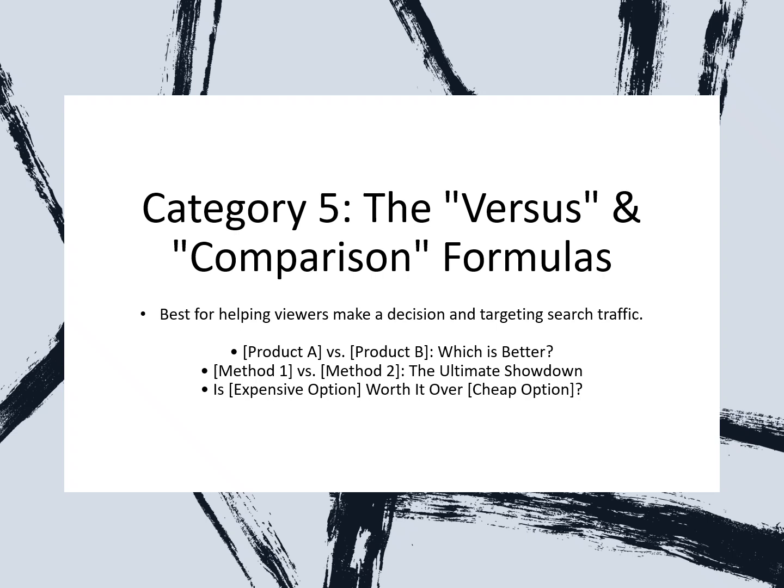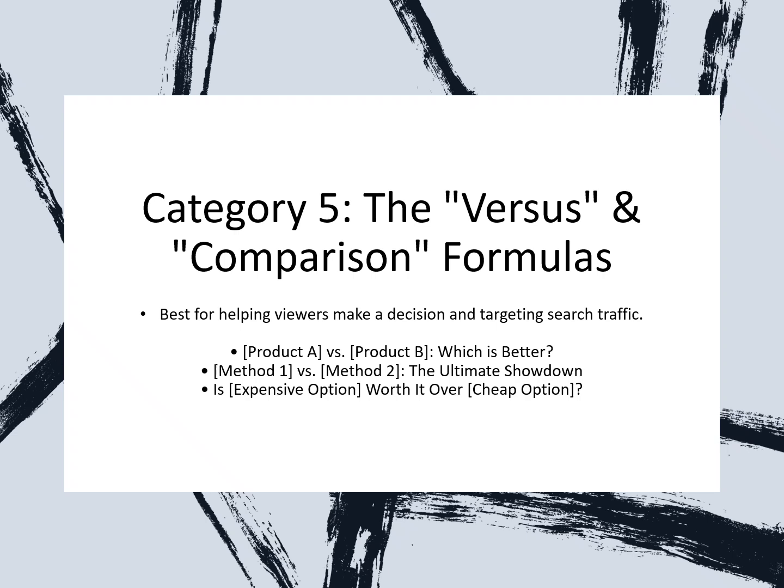That's the versus formula. Let me back that up. Product A. We just say Pepsi versus Coca-Cola, which is better. So I'm just going to give you something simple. That's how you use the verse formula.